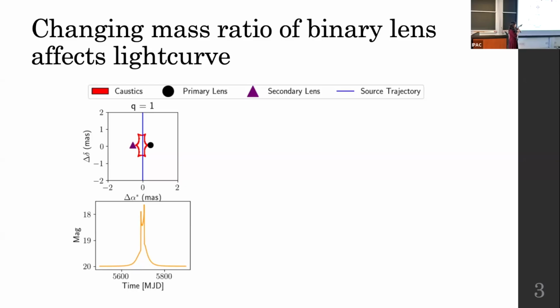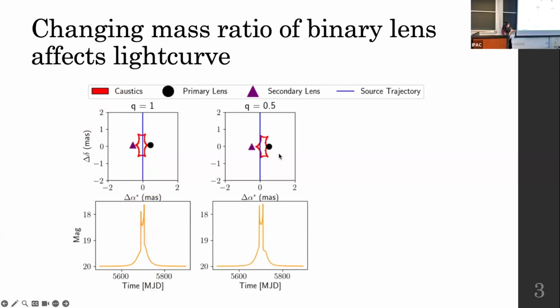In red here is what's called the caustics. These are areas where, when the source passes over, you get these really sharp increases in your light curve called caustic crossings. You can see down here the corresponding light curve, where when the source passed over the caustic at the beginning and at the end, you get these two really sharp increases.